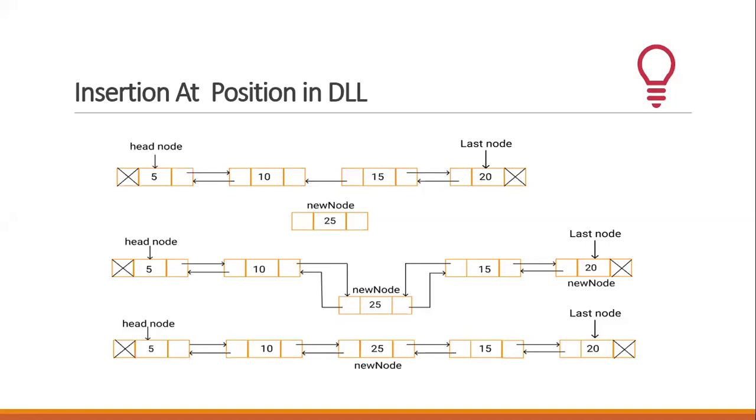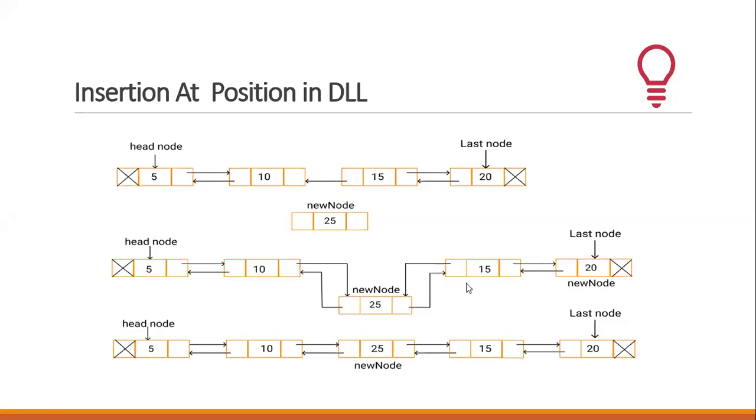In our case, our temp is 10 and it is attached to 15, so our new node should get attached to 15. So we did new node of next equal to temp of next. Then temp of next should start pointing to the new node, and new node of previous will start pointing to temp.